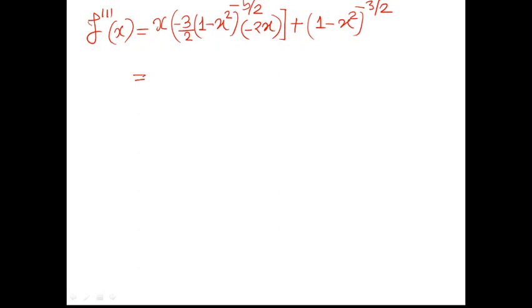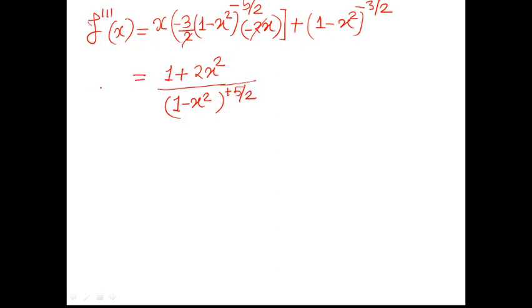Now, in this way the simplification is done. Now let's simplify it further. 2 will get cancelled, minus minus plus. So on complete simplification you will have the term as (1 plus 2x square) upon (1 minus x square) to the power plus 5 by 2.